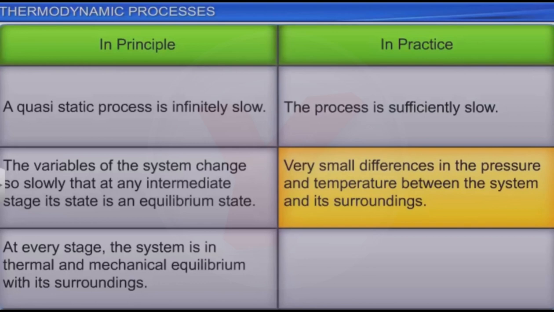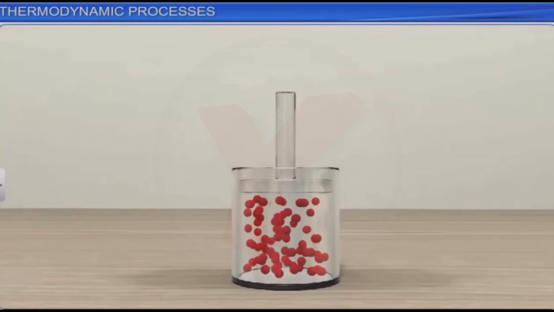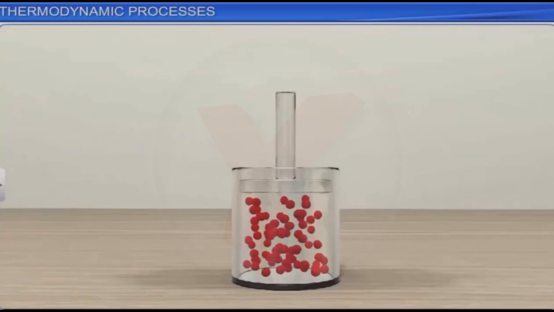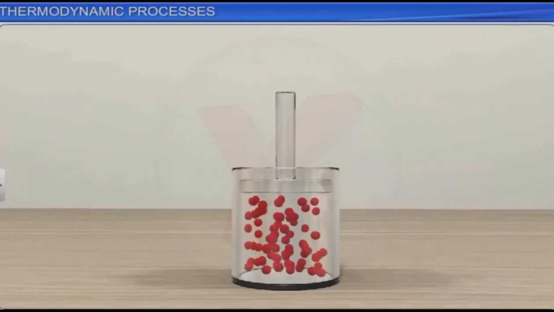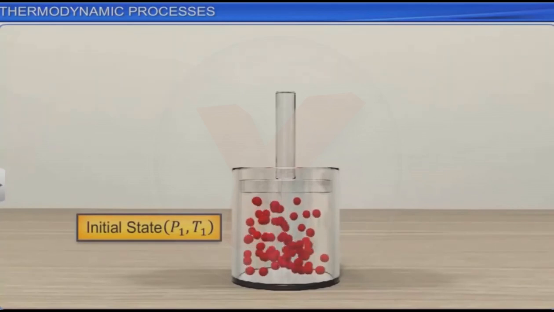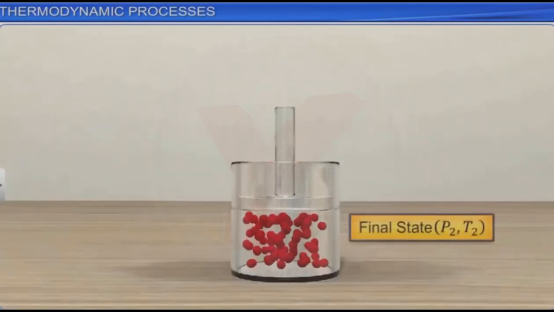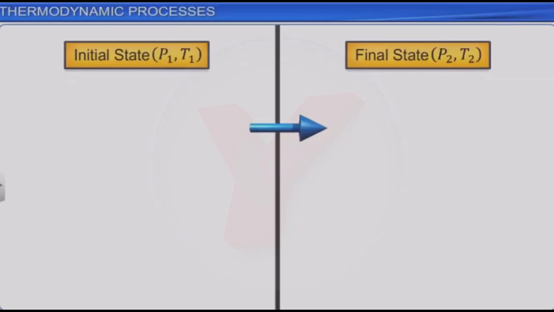For example, if we want to take a sample of a gas in a container with a light movable piston, from an initial state P1, T1 to a final state P2, T2 through a quasi-static process, at every intermediate stage, the gas must be in thermal and mechanical equilibrium with its surroundings.